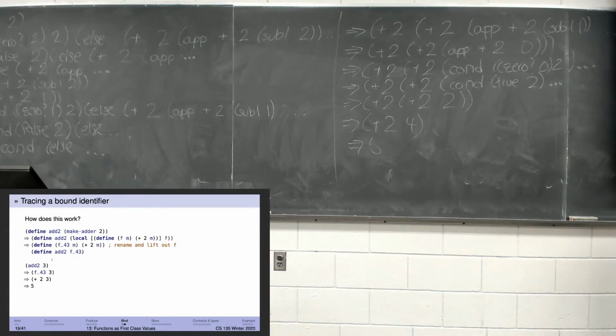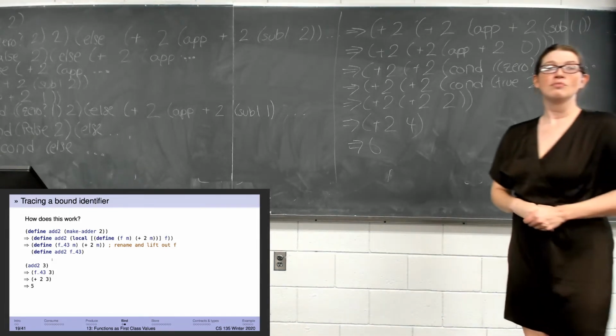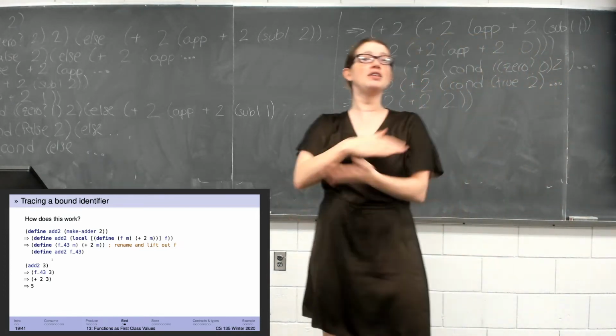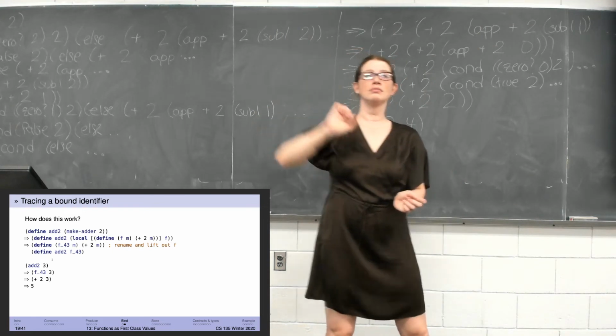And then I have lifted it out. And in the define for add2, I am replacing where the function was with what the body expression of the local was, which is just F43, the thing we just lifted out. So now that constant is all defined and ready to go. I've bound a name to a value.